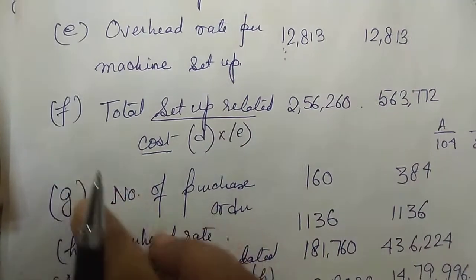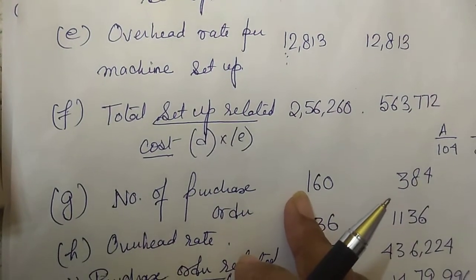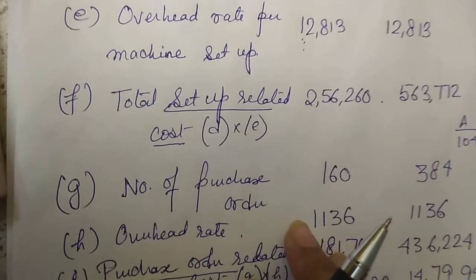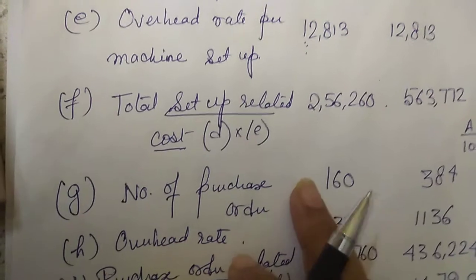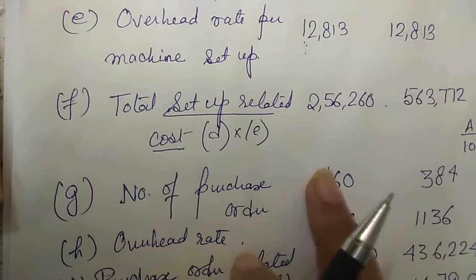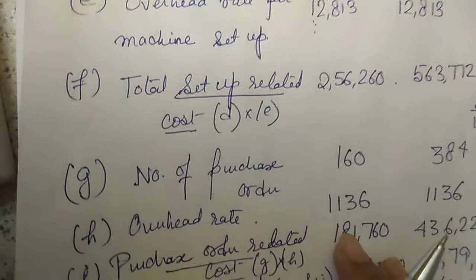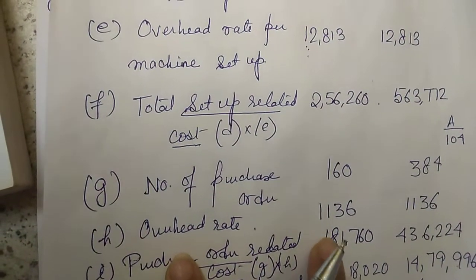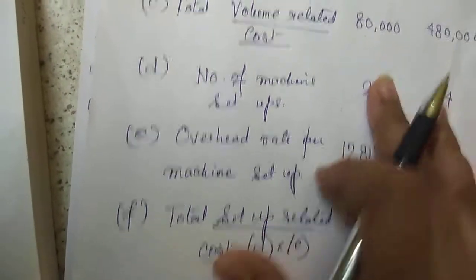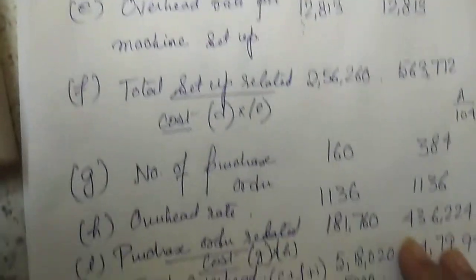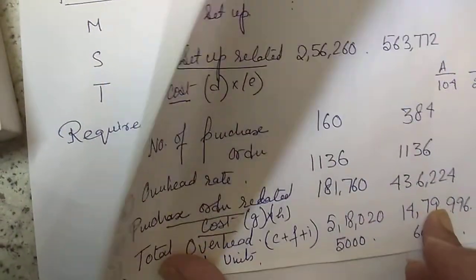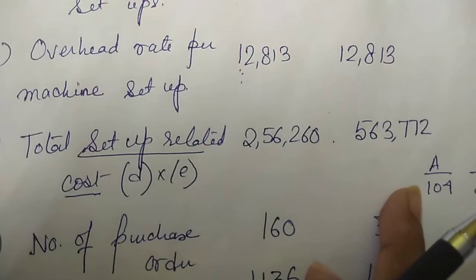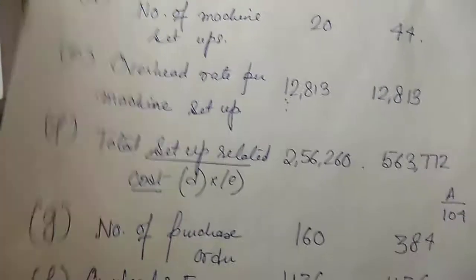If you place one purchase order, your ordering cost is 1136. You place 160 purchase orders, so your purchase order related cost is 1,81,760. So how much is your total overhead? This plus this plus this. Total overhead divided by total number of units, that is 5,000, we get overhead rate per unit. Okay, fine.